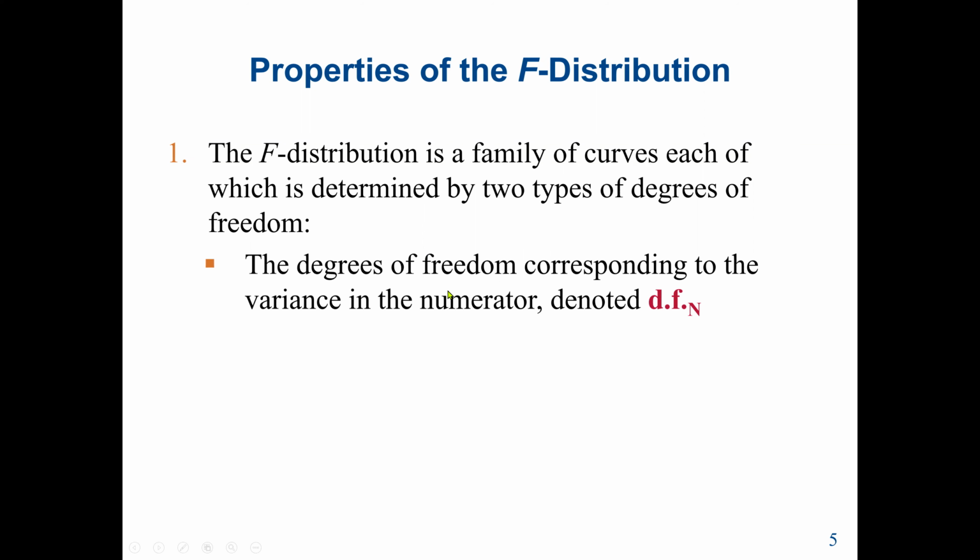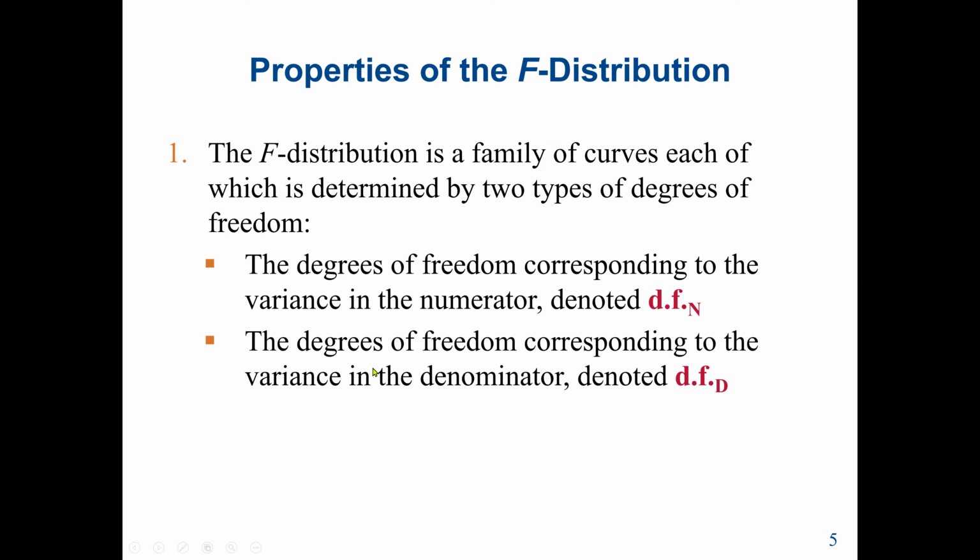The degree of freedom corresponding to the variance in the numerator is denoted df uppercase N, and the one corresponding to the variance in the denominator is denoted df uppercase D. In order to use the F table, we need to find both.